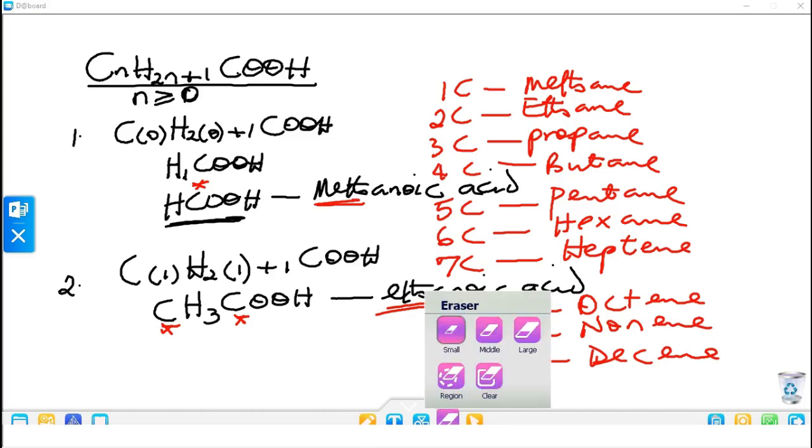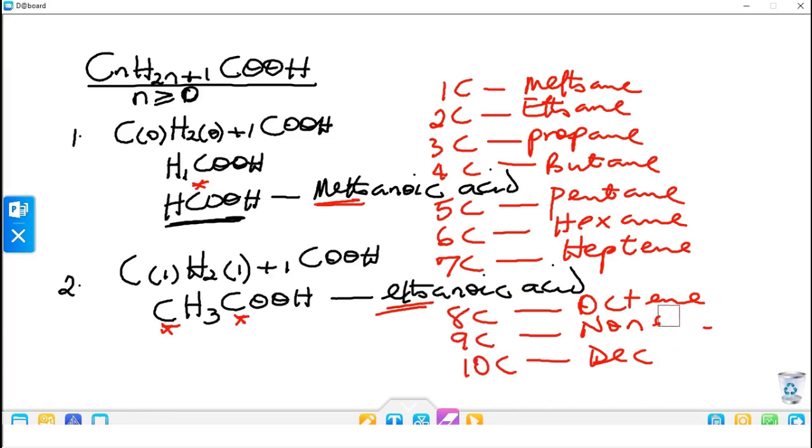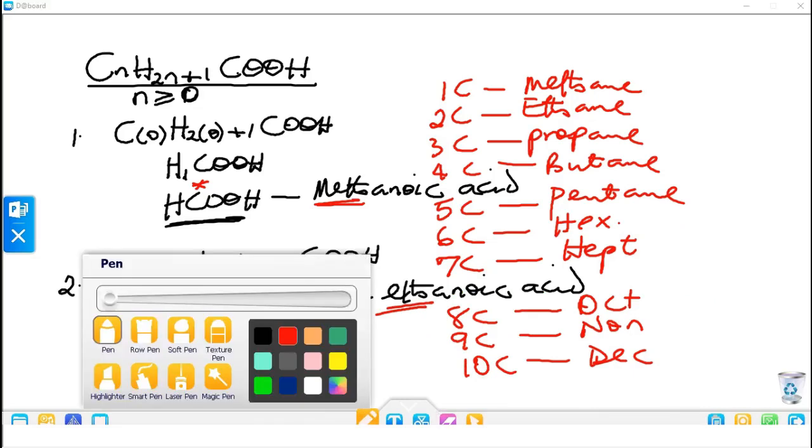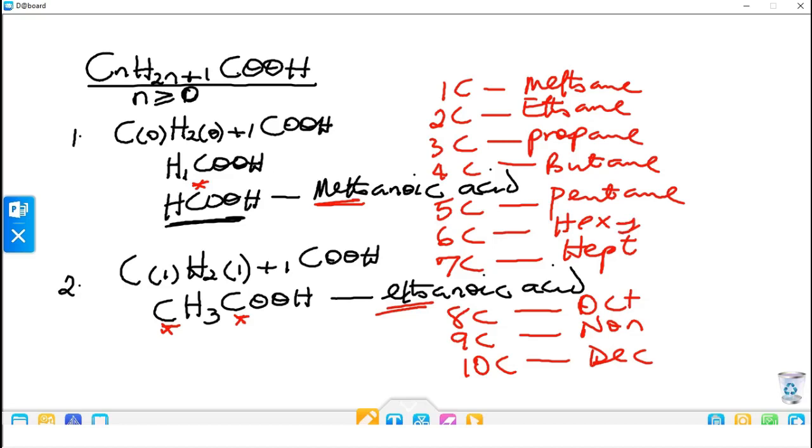If it is an alkyne, the ANE for alkanes will be replaced with the last letters for alkynes, which is YNE. So it is going to be hexyne, heptyne, octyne, nonyne, decyne.